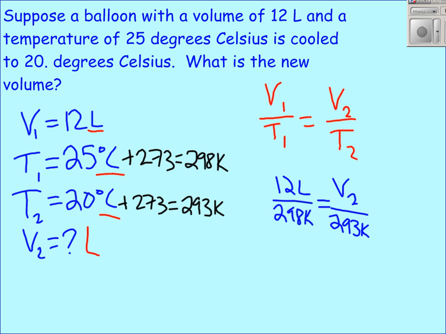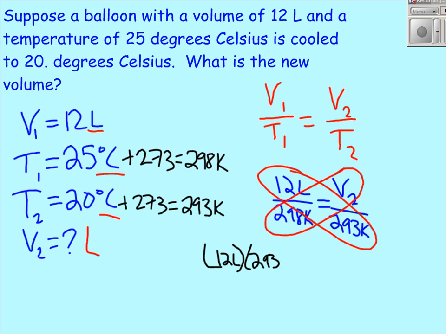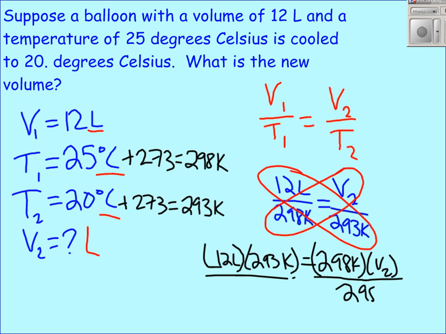To solve this, I'm going to cross multiply V2 with 298 and 12 with 293. Rewritten, I get 12 liters times 293 Kelvin is equal to 298 Kelvin times V2. Divide both sides by 298 Kelvin to get V2 by itself.